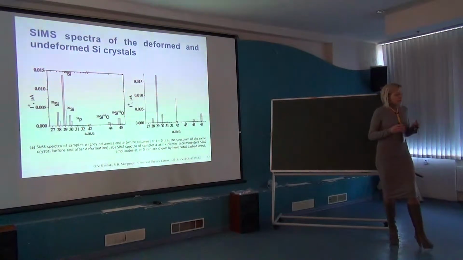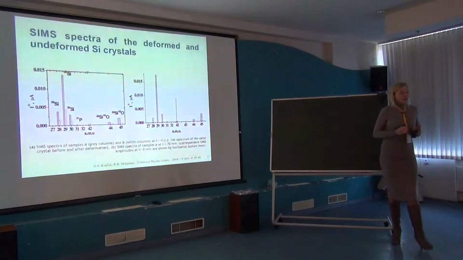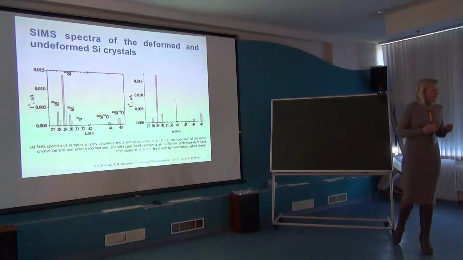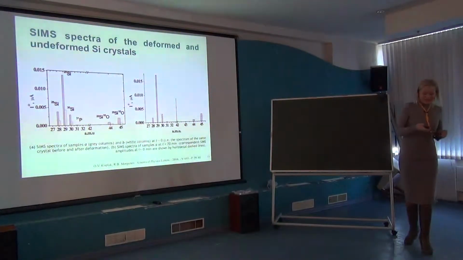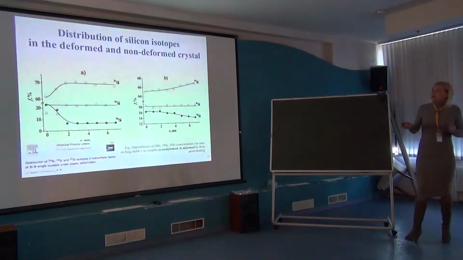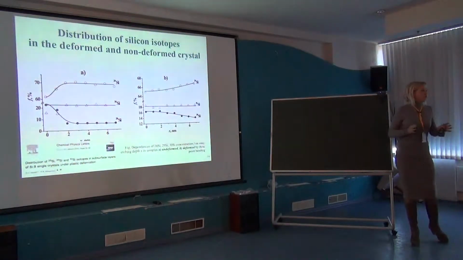But additionally, we applied deformation to these samples. So we gave some linear defects in these crystals. And what did we find? In reference samples at room temperature there exists some profile of distribution of three isotopes.